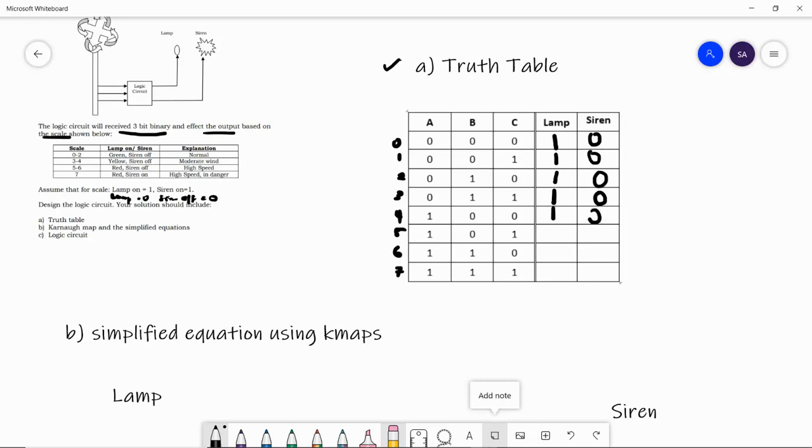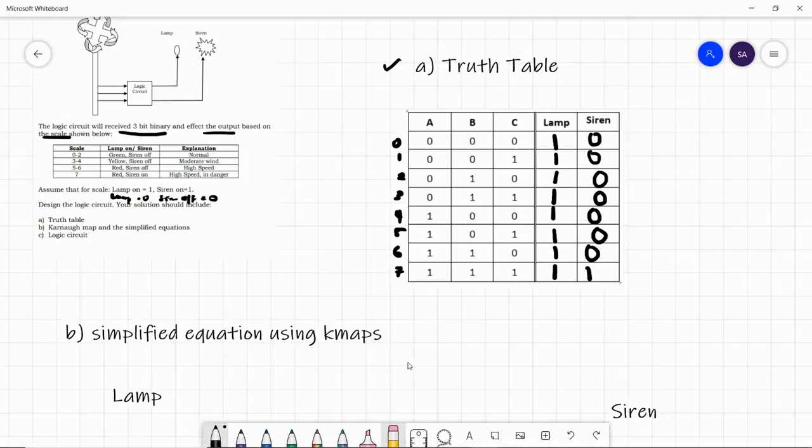And when it is 7, the lamp will be on and the siren will be on too. Alright, so now you have the output for each particular lamp and also the siren.